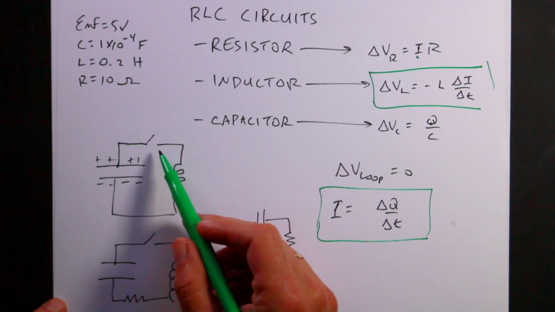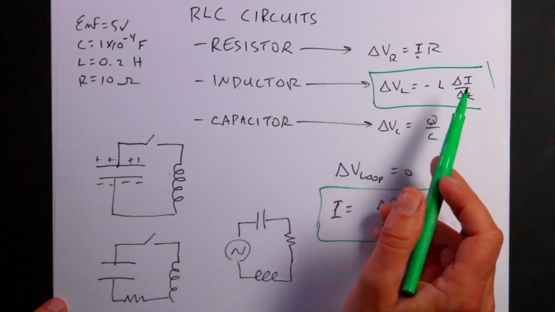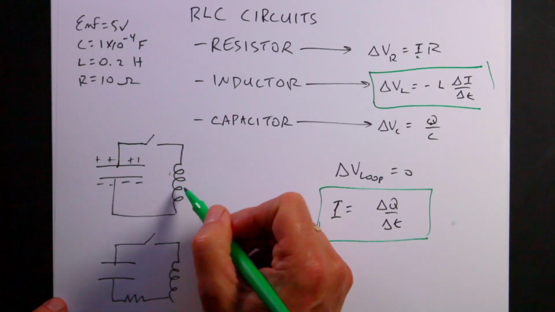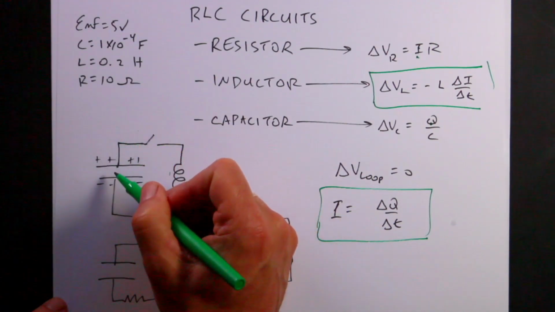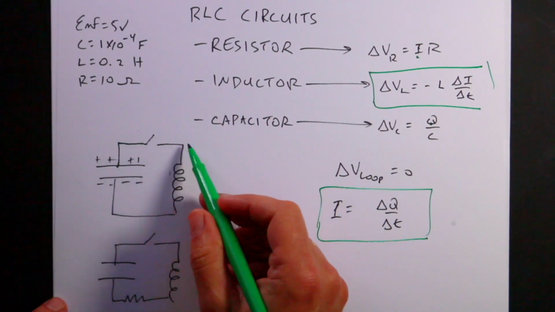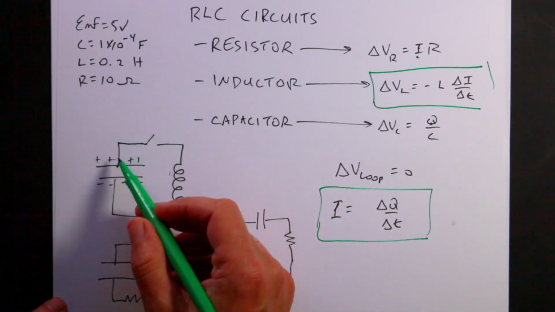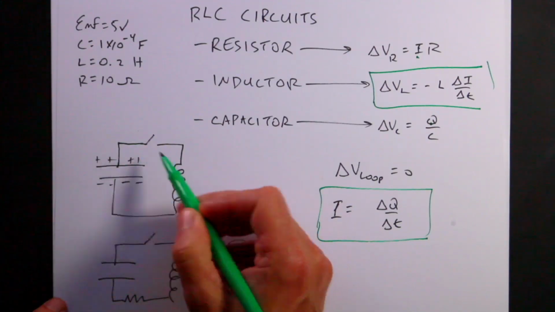So when I close the switch, I go from zero current to some current. So I can get a very large change in I. That change in I will produce a potential difference across this that will actually cause the current to flow back the other way. So we'll have charge going off the capacitor, and then because of that rate of change, we'll have charge going back onto the capacitor. And then the whole thing will repeat itself, and this will just oscillate back and forth between those two things.